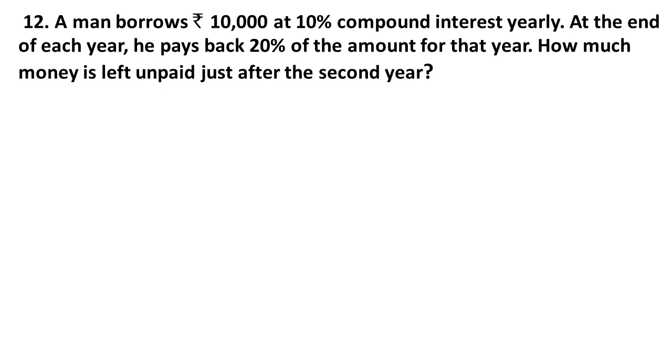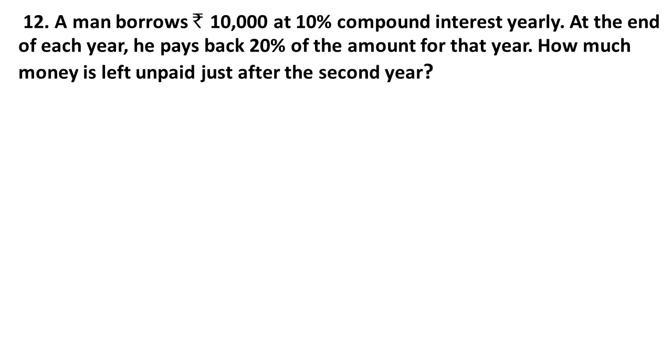That means, after calculating the amount due at the end of the first year, 20% of that sum is paid back. But in question number 11, it is 30% of the sum borrowed. So at the beginning, what is the principal? Rupees 10,000. On that, 30% means 3,000 is paid back every year. But here the amount differs.